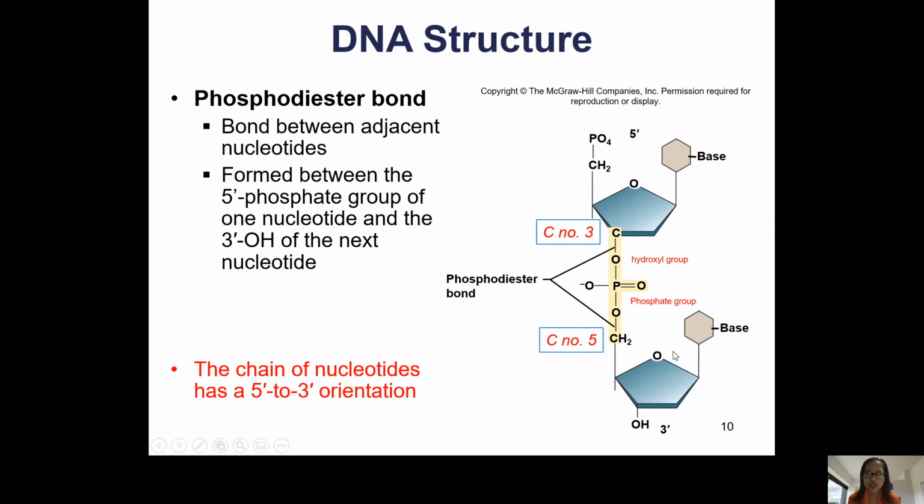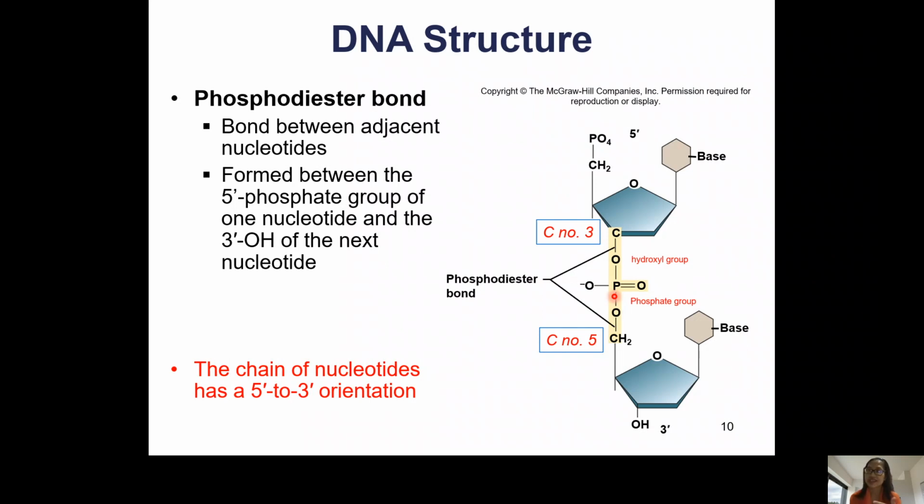You can see from this pentose sugar, I should use the laser pointer, this one is the first carbon. Here is the second carbon, here is the third carbon attached to the OH group, and here is the fourth, and this one is the fifth carbon attached to the phosphate group.